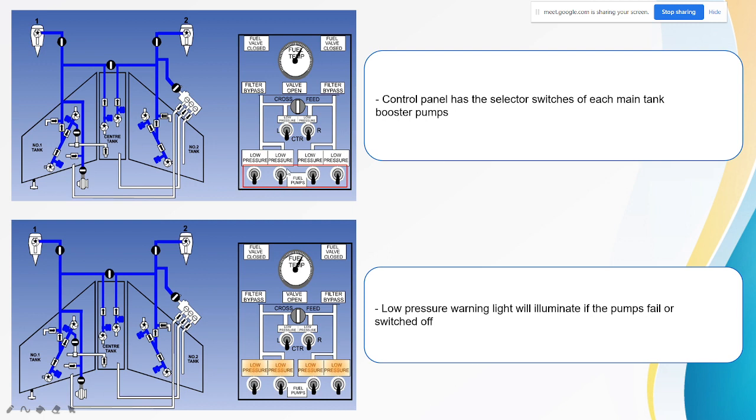So this left switch here represents the left booster pumps here, and the right switch here represents the right booster pumps. At the control panel, there are also warning lights that are used to indicate the condition of the booster pumps. When the pump fails or is switched off, the low pressure warning light will turn on.